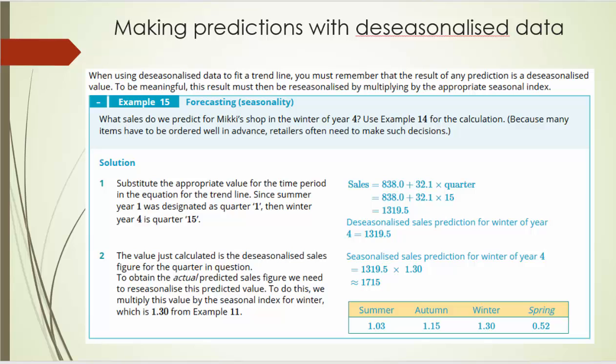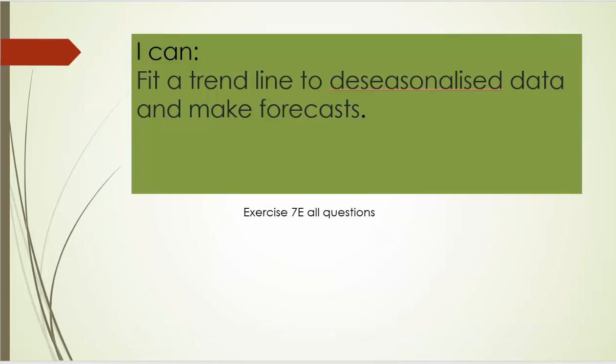Put that into the equation and we get a deseasonalized prediction of 1319.5. That is not what will be the sales figure predicted for winter in the 4th year. We actually have to multiply that number by the seasonal index for winter, which was 1.3, and that will give us a predicted figure of 1715. That's how you fit a trend line to deseasonalized data and make forecasts.